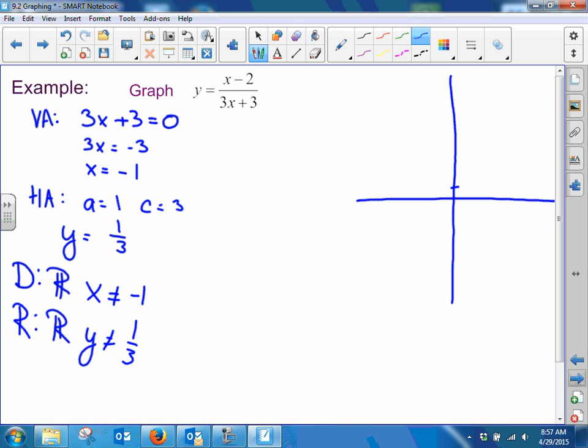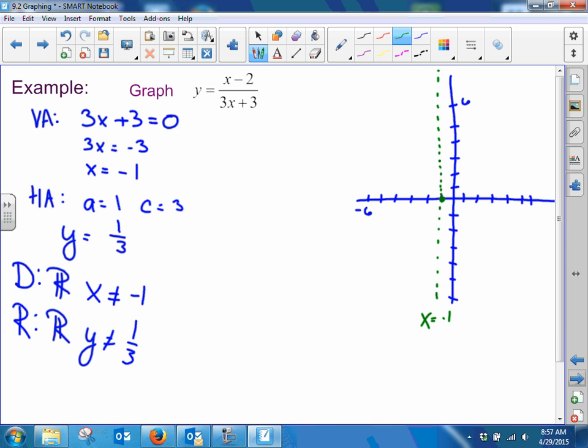So that one. Okay, so my vertical asymptote, I'm going to go to x equals negative 1 and draw in my vertical dotted line.